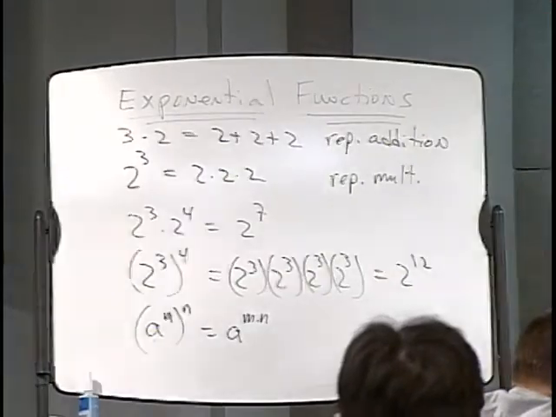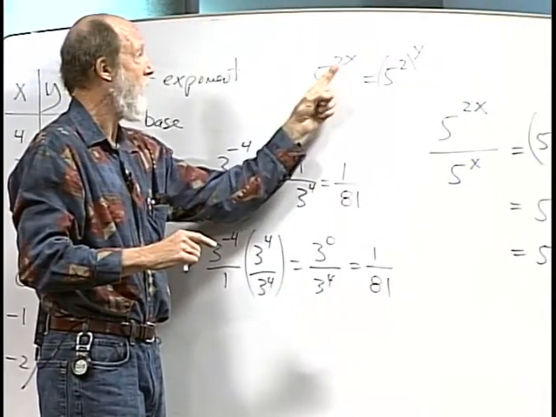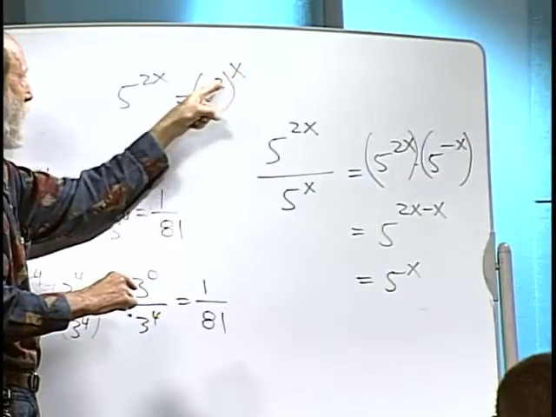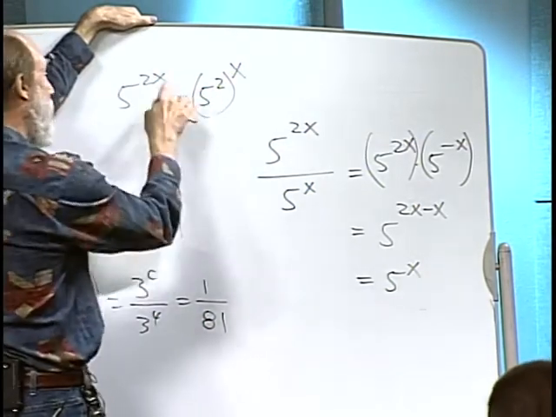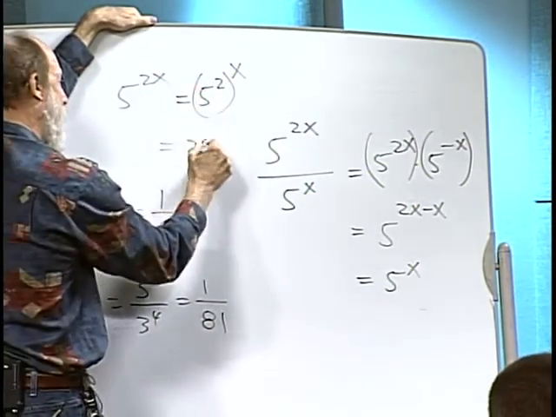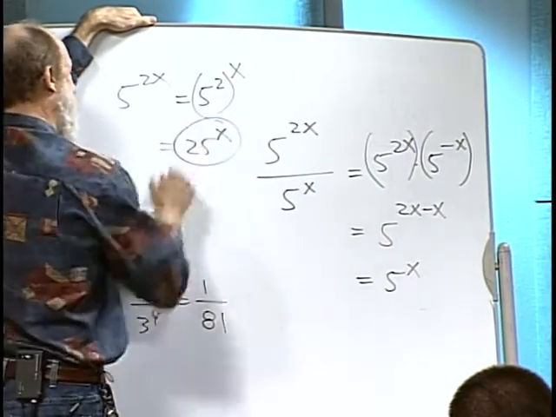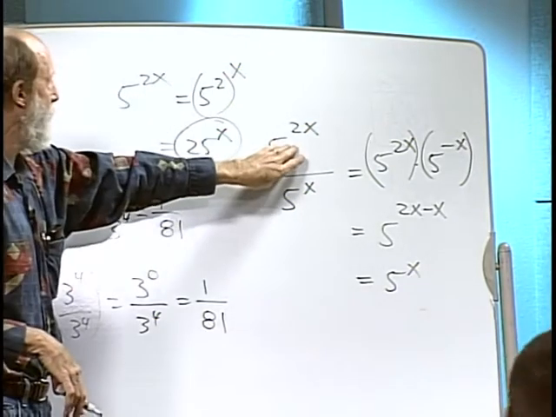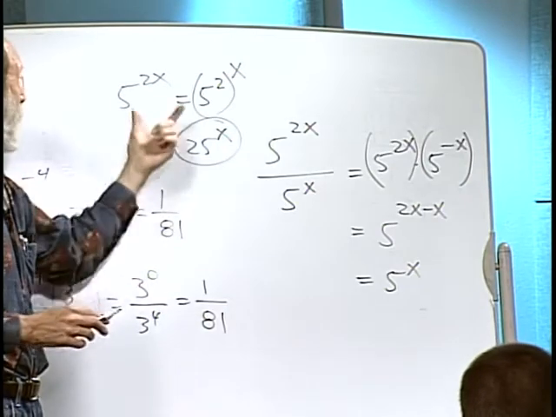That's the same kind of stuff we see over here. 5 to the 2x becomes 5 to the 2 raised to the x. Those exponents are multiplied together. And so you could rethink of this as 25 is your base raised to the x. Okay. So you could think of 5 to the 2x either as 5 to the 2x, or as 25 to the x, just that portion of it.